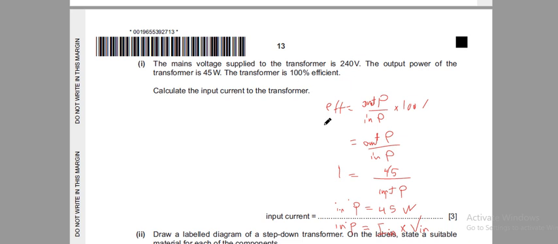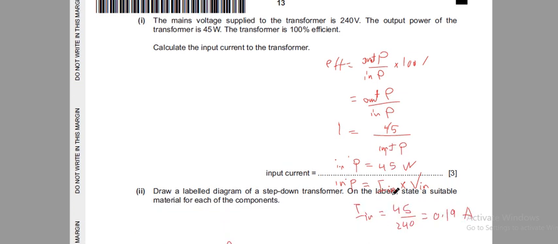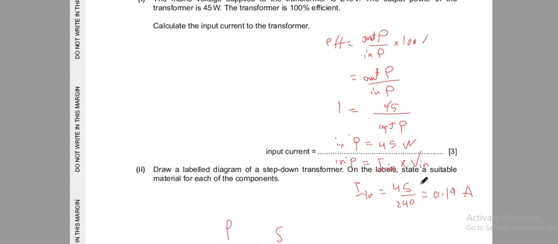So 100% means 1, and we substitute the output here by 45, and the input is 45 too, and input power is I input times V input.